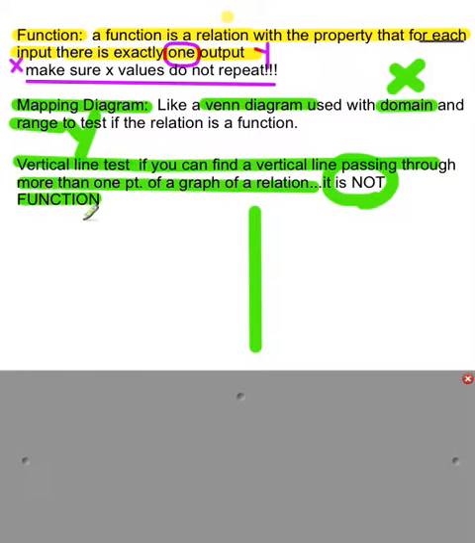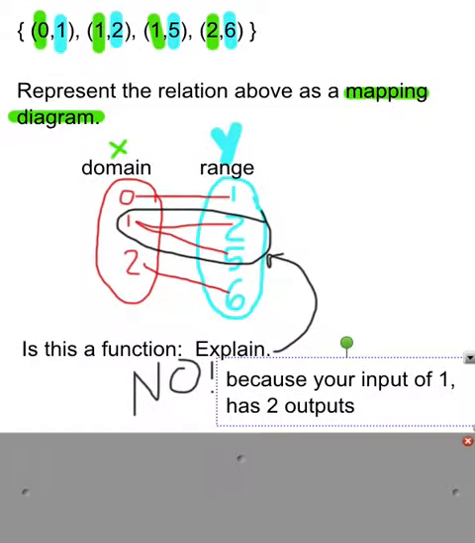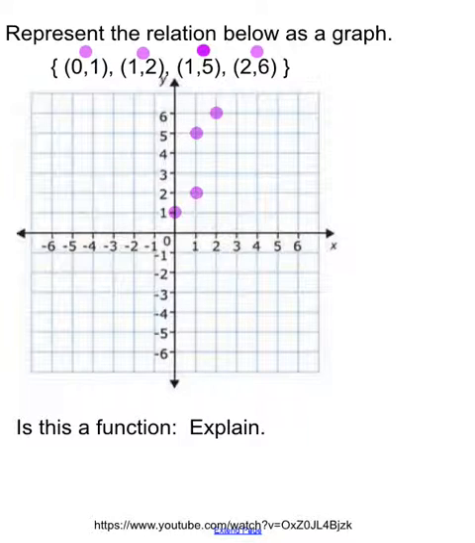Okay, vertical line test states, draw a vertical line, that means up and down. If it passes through more than one point on this graph, it is not a function. So if I draw a line right here, you can't hardly see it, but it only hit this point right here.